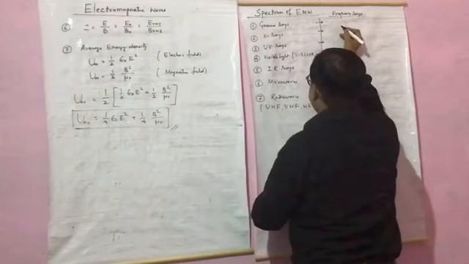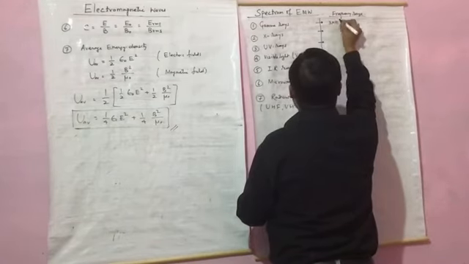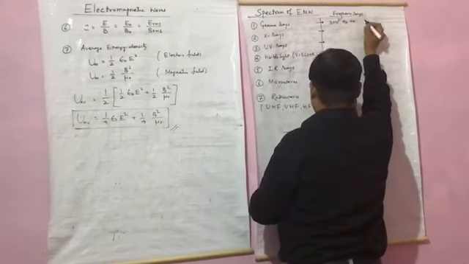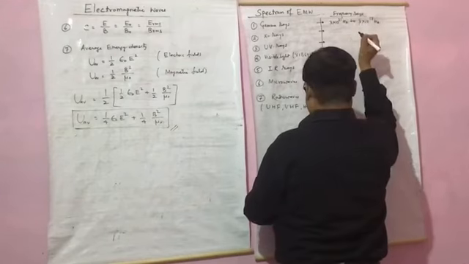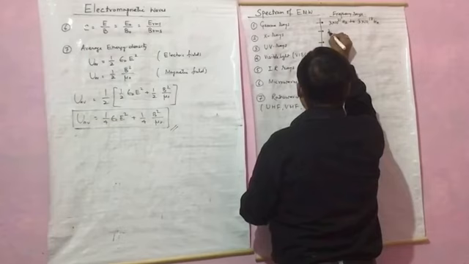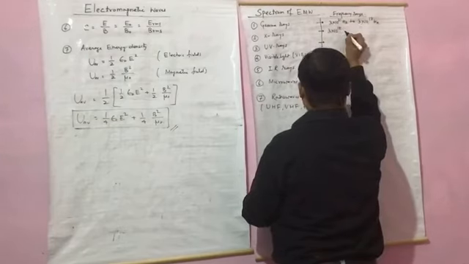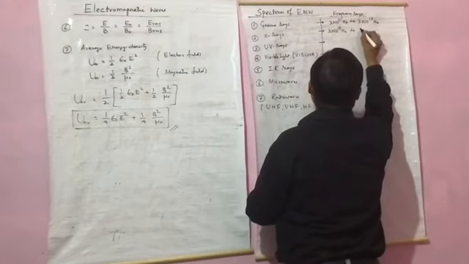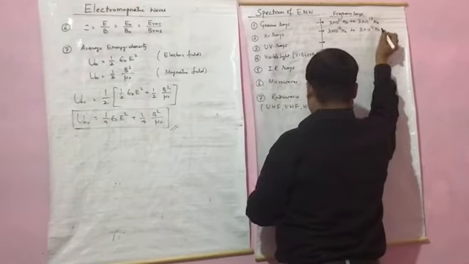Now the frequency range of gamma rays is 3 into 10 to the power 21 Hertz to 3 into 10 to the power 18 Hertz. Then X-rays 3 into 10 to the power 18 Hertz to 3 into 10 to the power 16 Hertz.